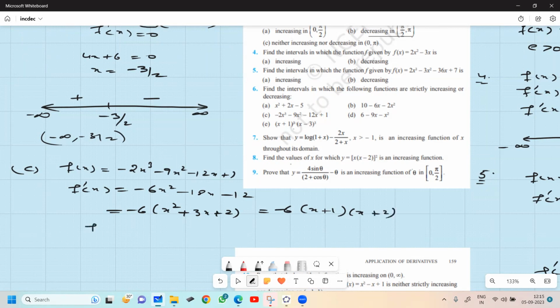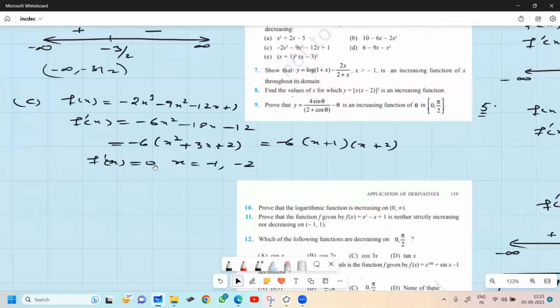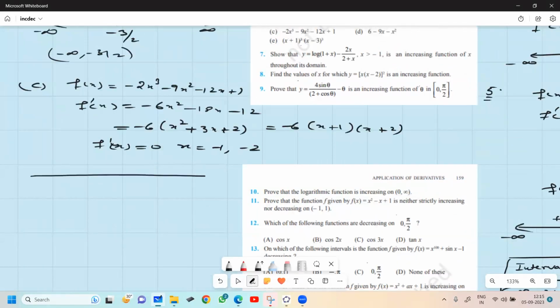If I make f dash x equal to 0, then x is equal to minus 1 and minus 2. So let us come to the line now. Minus infinity, plus infinity, minus 2, minus 1. Here the minus is there in f dash x taken common, so I'll start with minus.